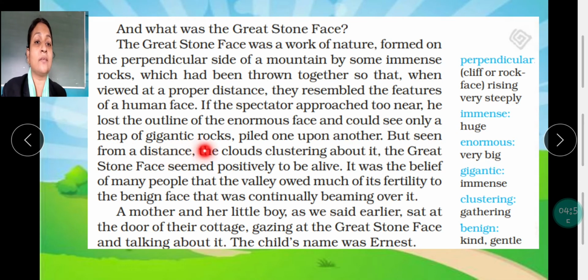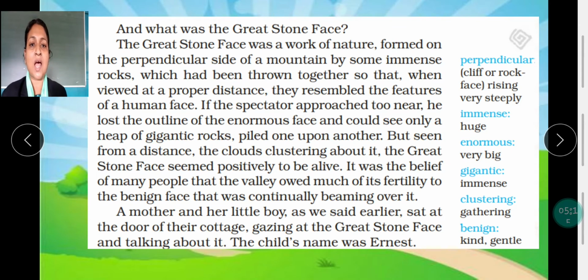of gigantic rocks. So as you come closer to it, you will see that there is no face. It is just a structure of rocks. But from far, it gave a structure of a human being. The same thing happens with you also at night when you go to see stars.